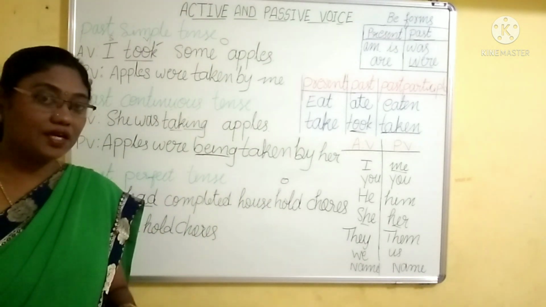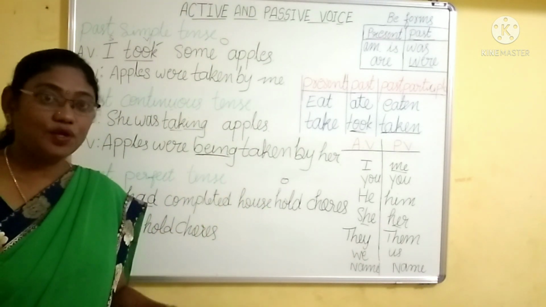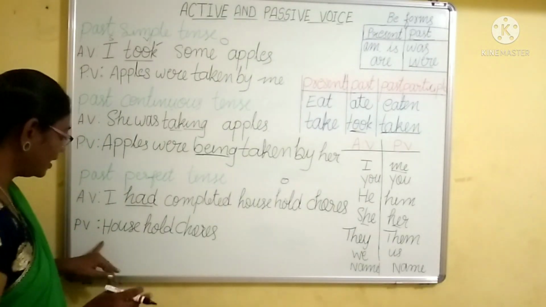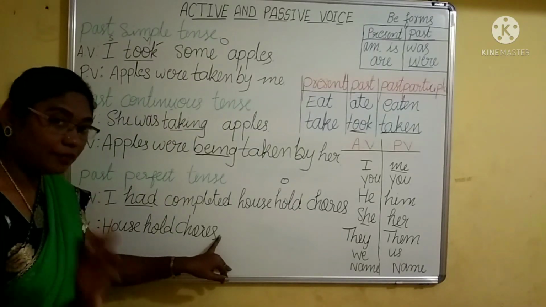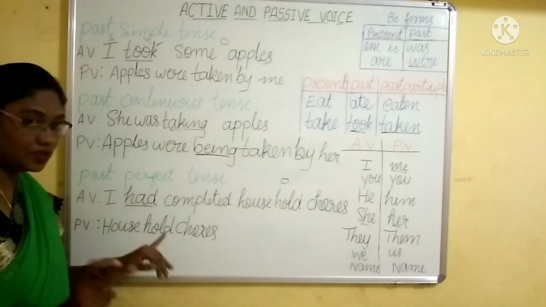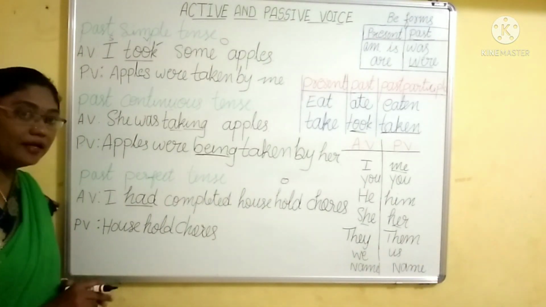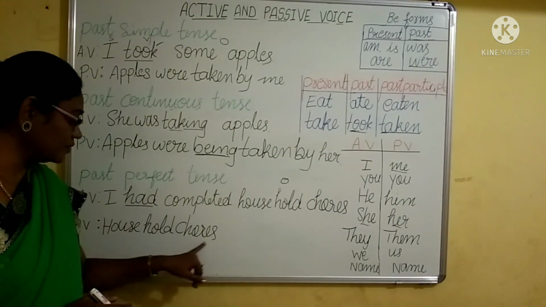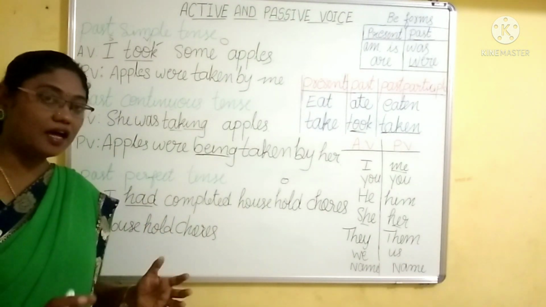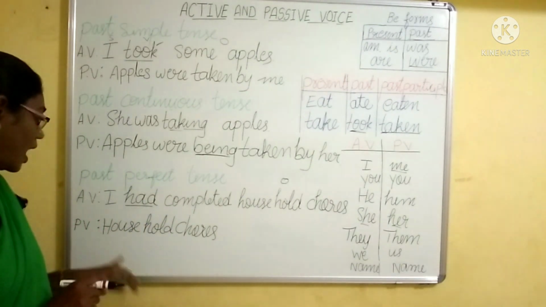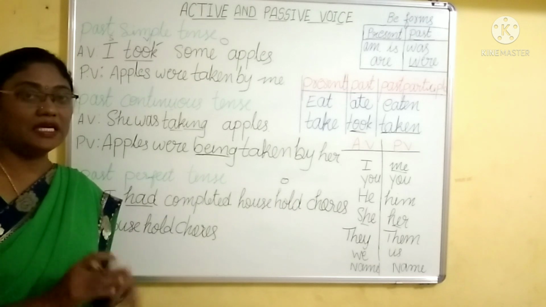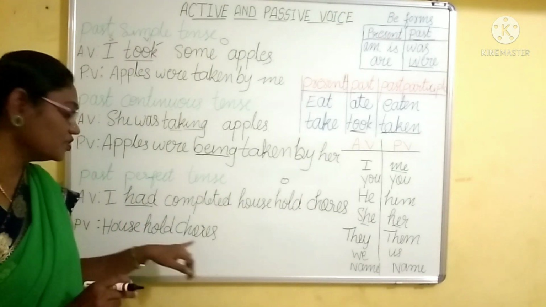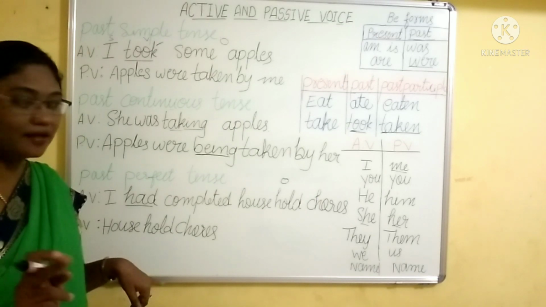No. No need to select be forms. But here, as per the rule, we have to select the helping verb as per the subject only. And can you find out whether this subject is singular or plural? Household chores. It represents singular only. This is a singular subject. Clear?